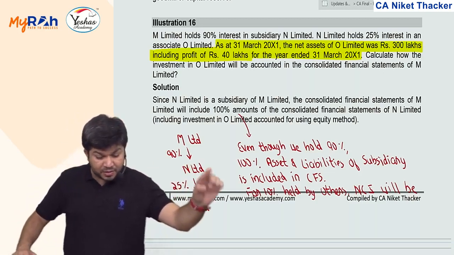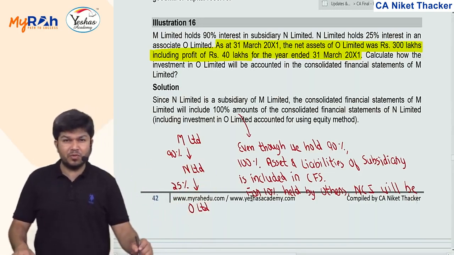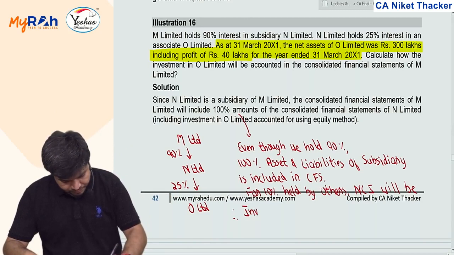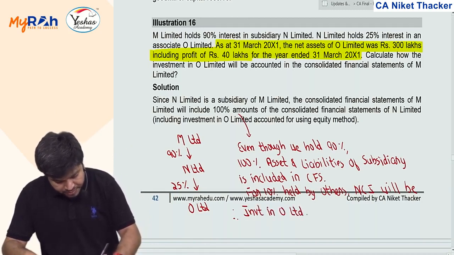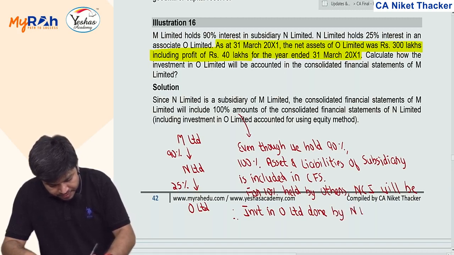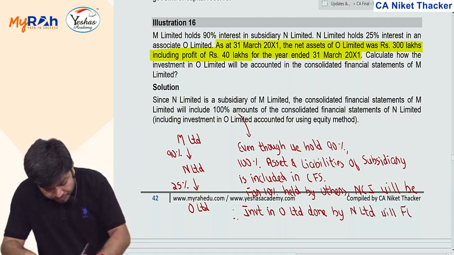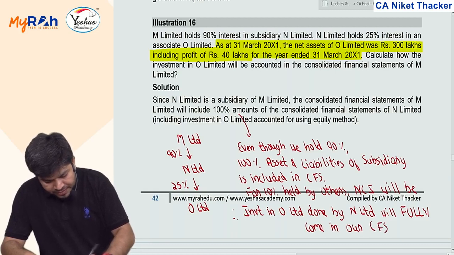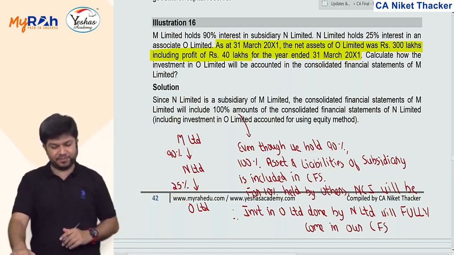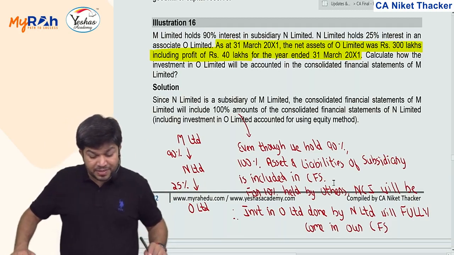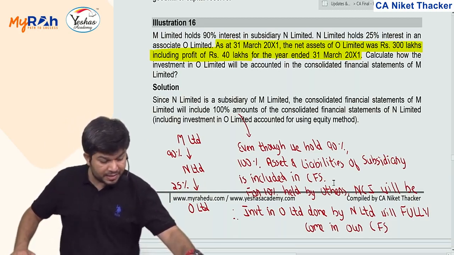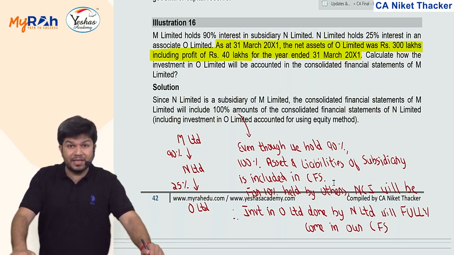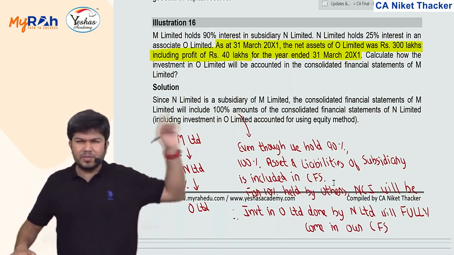They have investment in O. Therefore, the investment in O Limited done by N Limited will fully come in our CFS, and then 10% goes to NCI. So in CFS, investment in O will be 25% of 300, not 90% of 25.